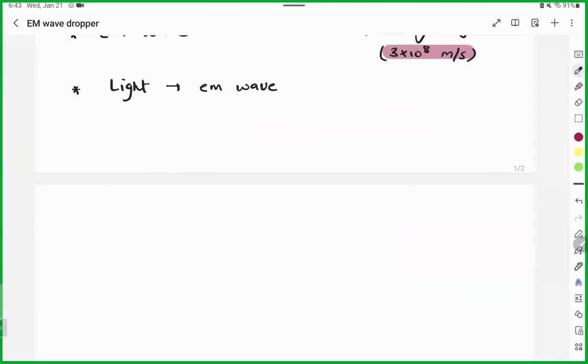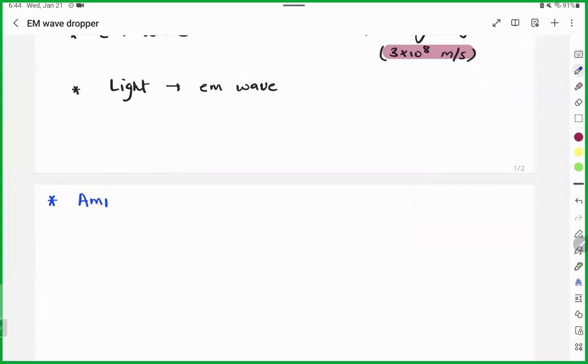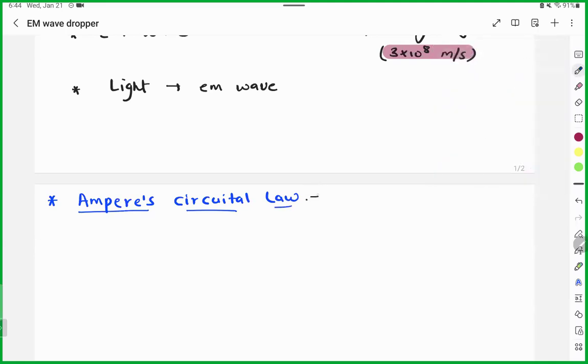Chandana, what is Ampere circuital law? B dot ds.